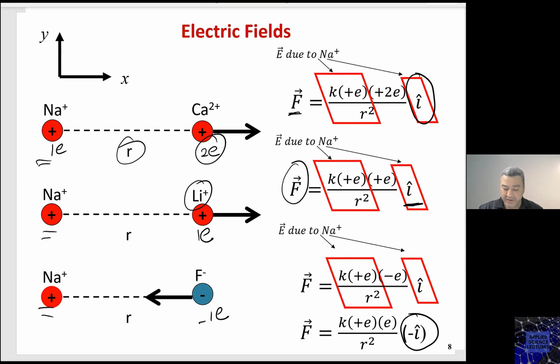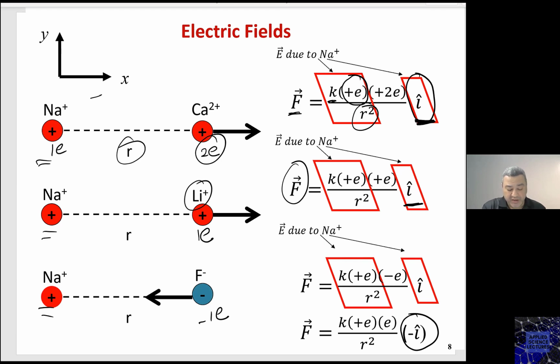If I take the K times the charge of the sodium divided by r squared times the i hat, I can say that this is the contribution of my sodium ion. In this case, I will call this the electric field due to the sodium.